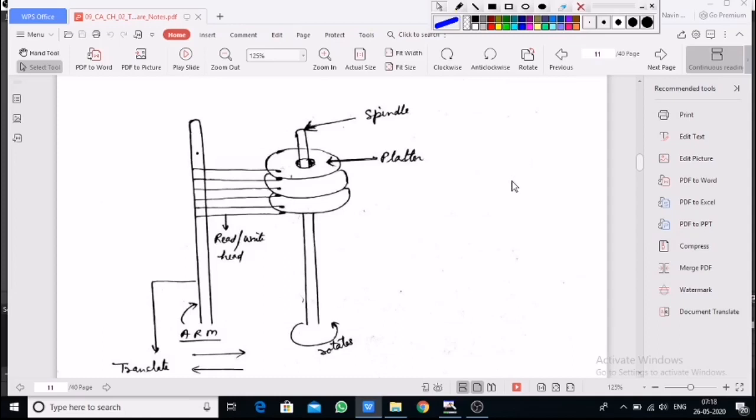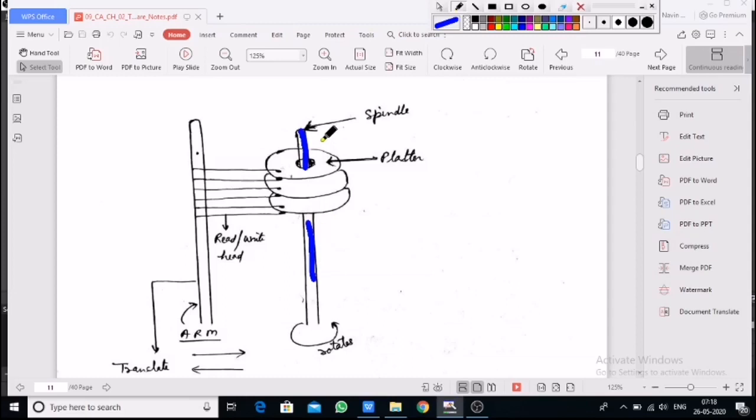No need to be worried about seeing this image. Very simple. When you open a hard disk drive, you will find one spindle here, right?